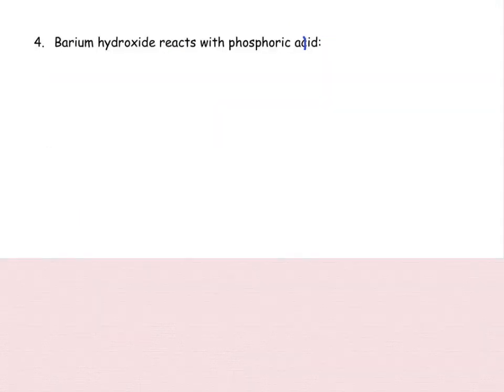And last but not least, in your booklet there's an example of barium hydroxide with phosphoric acid. The question is not worded very well. I would ask that you add the word aqueous to the front of the barium hydroxide, because then that compound is not a solid, but it's actually a base.